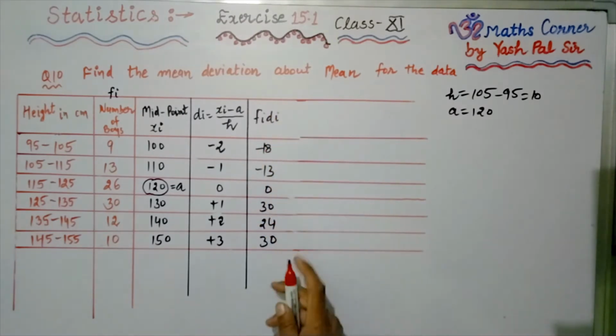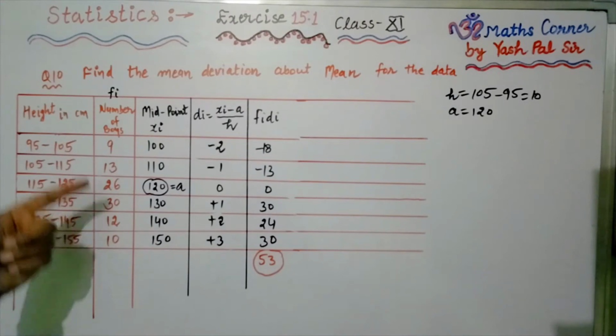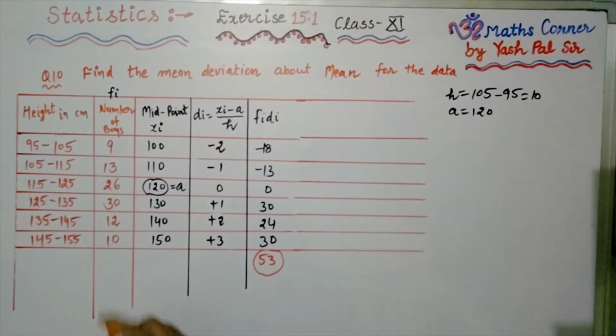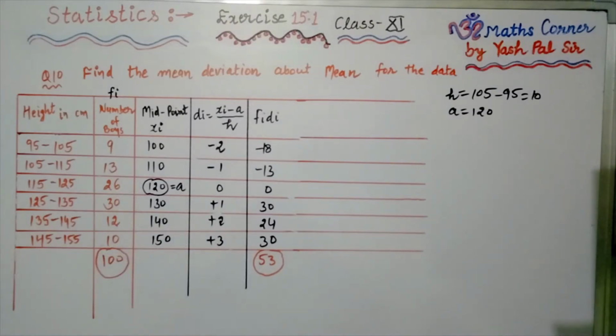Right? Also the sum of fi di, this column, the sum is 53. 53 is the sum. We also find the sum of this column, which is equal to 100. This is the sum of fi.